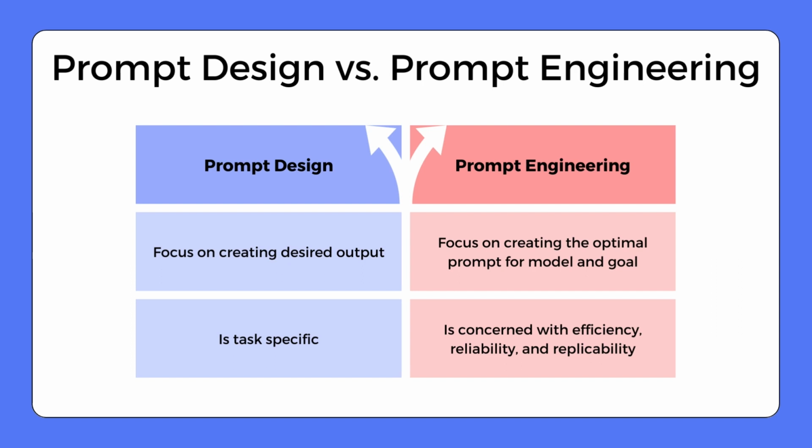Prompt design is about tailoring prompts to tasks, while prompt engineering aims to boost performance. However, they aren't mutually exclusive. In practice, creating an effective prompt often involves both designing it for the task and engineering it for better performance.